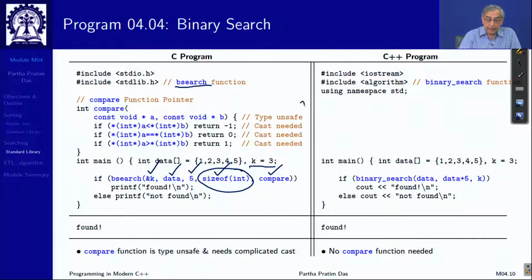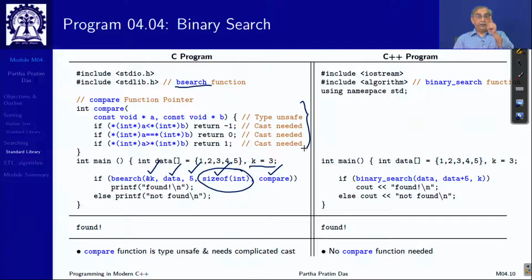Now, coming to the compare function, in sorting, it is just okay to know if it is less or if it is more. So, less and greater than or equal to, or greater and less than or equal to solves the sorting problem, because you really are not concerned about the ordering of the equal elements. They obviously will become consecutive in this, and they are indistinguishable. Whereas, in binary search, you have a three-way comparison to be done.